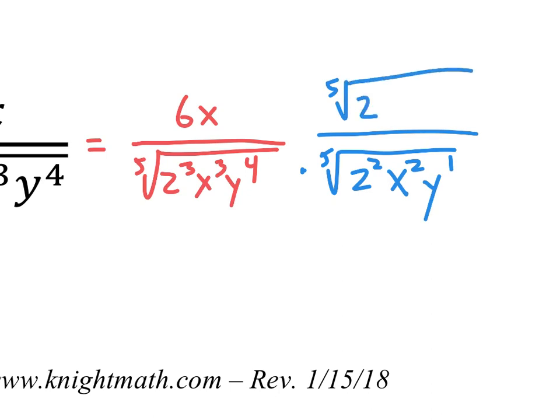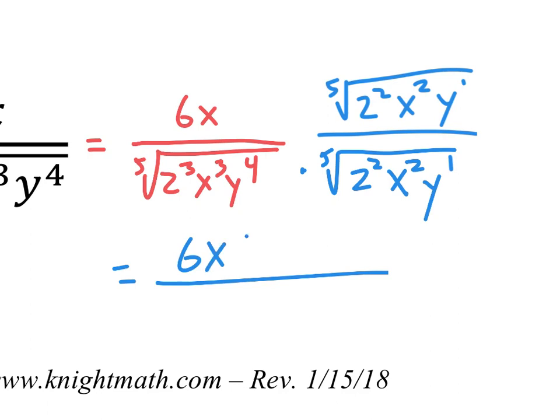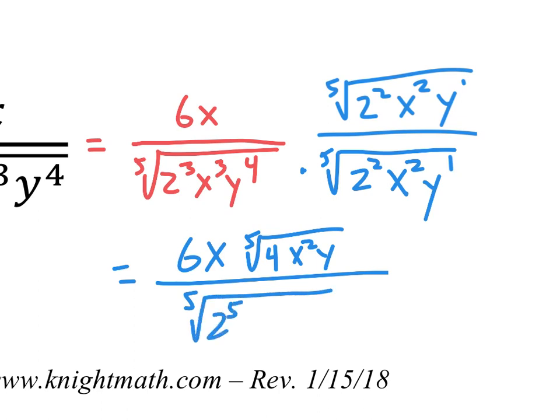The top is going to be identical. Again, we don't care about the top. The top's going to get ugly. We don't care about that. The top, in fact, is going to be 6x times the fifth root of 2 squared, which is 4x squared y. The bottom is going to be the fifth root of 2 to the fifth, x to the fifth, y to the fifth.